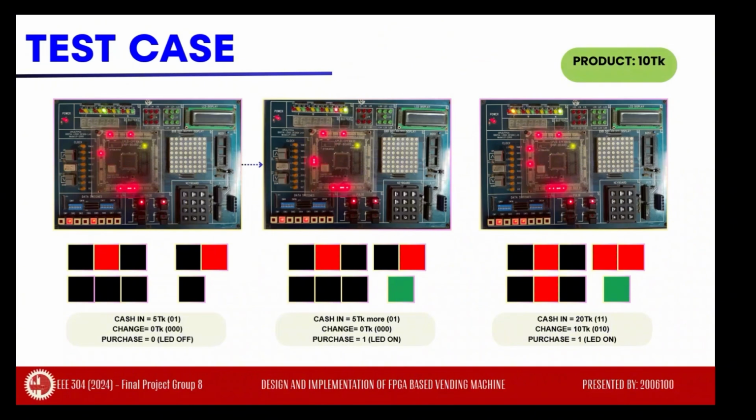Firstly, we gave 5 taka. The vending machine would not allow us to buy the product because enough amount is not inserted. If we put 5 taka again, now it has completed 10 taka and it is showing the purchase is done with 0 change.